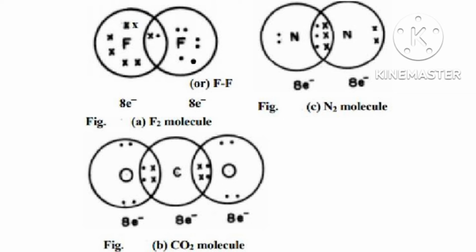Either directly you tell how many electrons are in the outermost shell, and that is called valency, or sometimes it is 8 minus the number of dots or valence electrons.